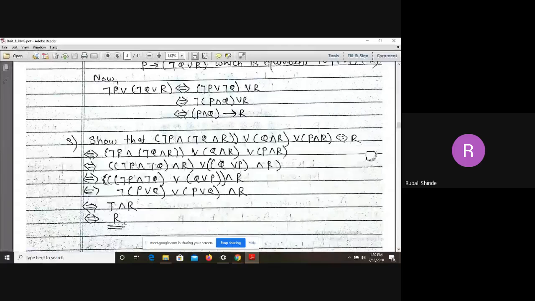Likewise you have to solve examples based on equivalence. When they say show that, at that time you have to prove that without formation of a truth table.